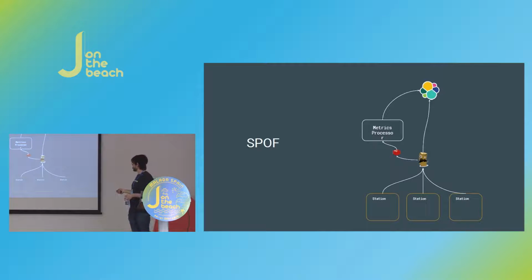So yeah, single point of failure. On every station we had a Logstash forwarder agent that was sending those metrics to that Logstash. Some of those metrics were stored as a key on Redis, processed, and sent back to Elasticsearch. So quite an obvious problem over there.